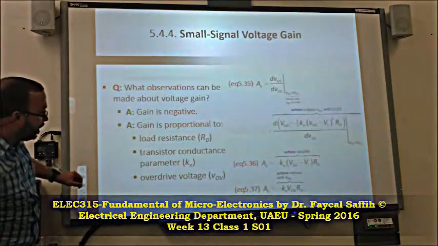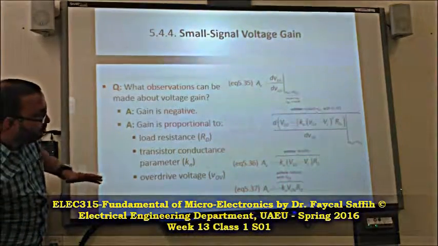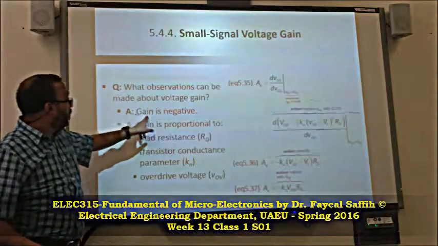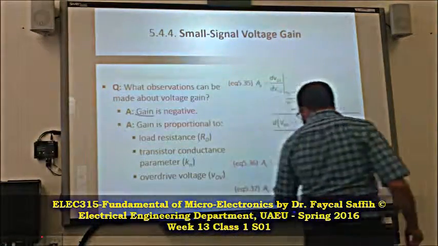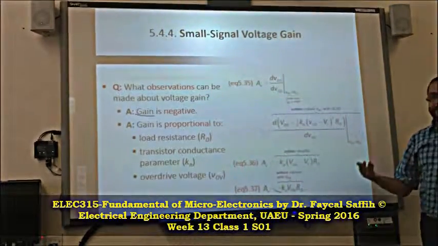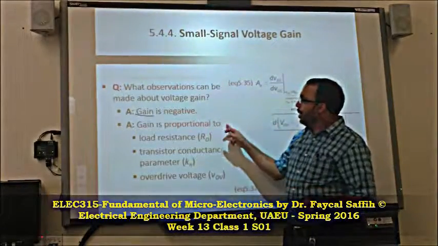It's the same slide actually. The first thing we find is that the gain is negative, which means it's inverting, with a phase of 180 degrees between the input and output. That's number 1.